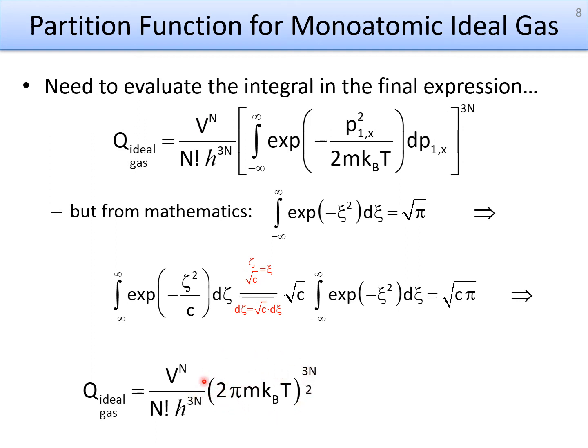So what do we get for this partition function? We get contributions because of the volume raised to the nth power, this n factorial, which arises from the indistinguishability of the particles, and this h to the 3n, which as we said introduces an approximate count of quantum states and also makes the integral non-dimensional.